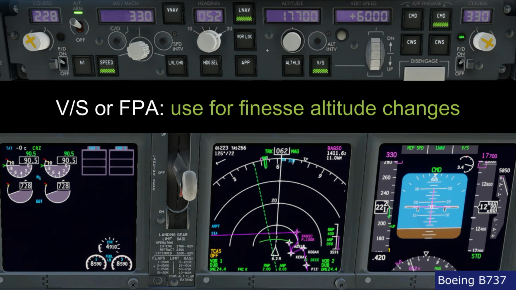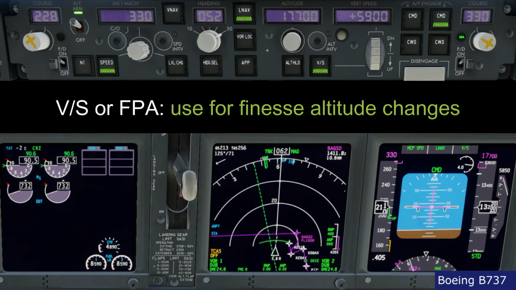So obviously using VS here in the simulator is much easier than in the real aircraft. In the real aircraft, of course, the loss of speed is going to be quite significant and quite a lot faster.